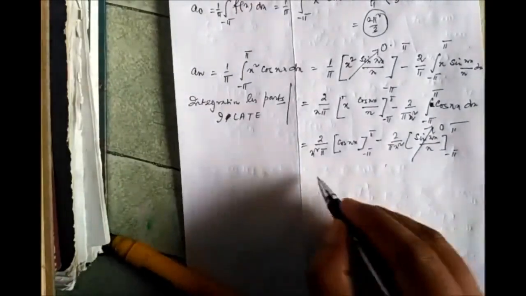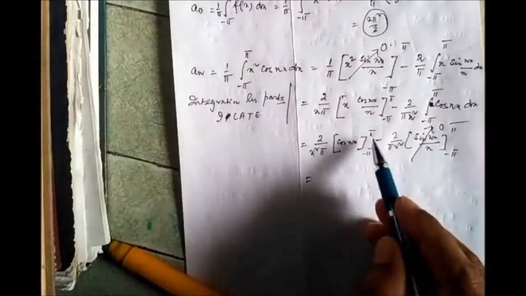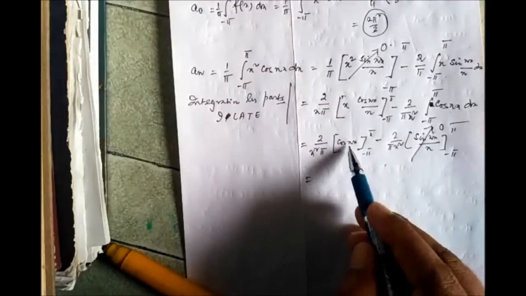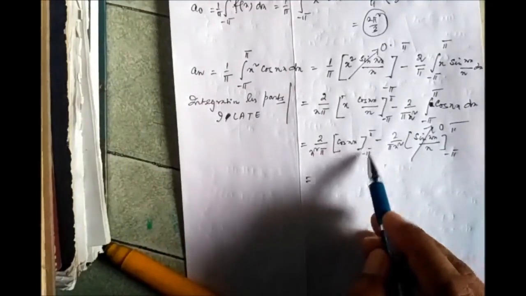Sin nx by n from minus pi to plus pi, so this term will give me 0 as we put minus pi and plus pi here. For the value of this term, if you put plus pi, this will give me minus 1 to the power n. If you put minus pi, this will give me minus of minus 1 to the power n.